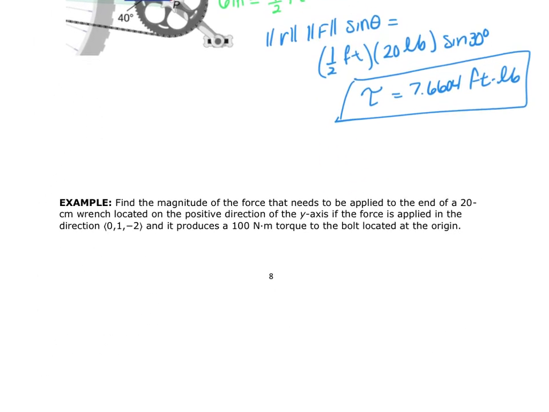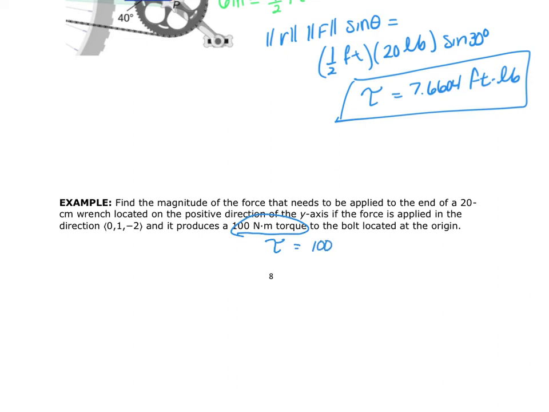Now, let's take a look at this one. We find the magnitude of the force that needs to be applied to the end of a 20-centimeter wrench located in the positive direction of the x-axis if the force applied in the direction of 0, 1, negative 2 produces the torque. So they're giving me the torque this time. Here's my torque, that's my tau.